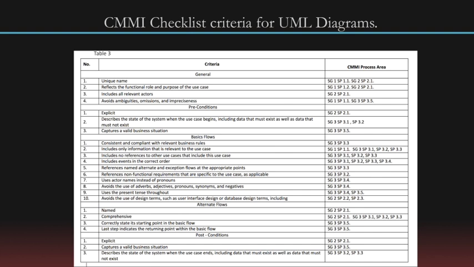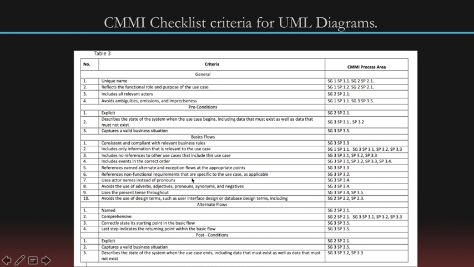So under each UML process area we have these, like specific goals, specific practices, specific goal 2, specific practice 2.1. So we use this CMMI process area as checklist criteria for UML diagrams.